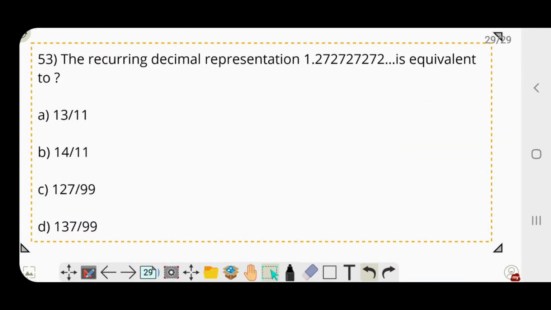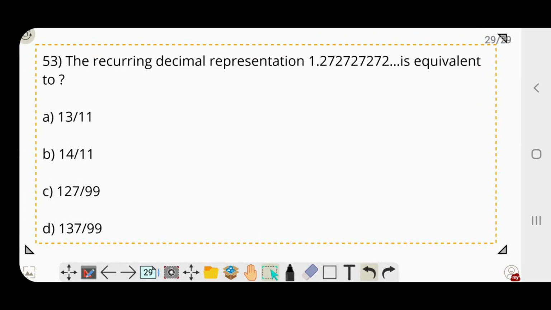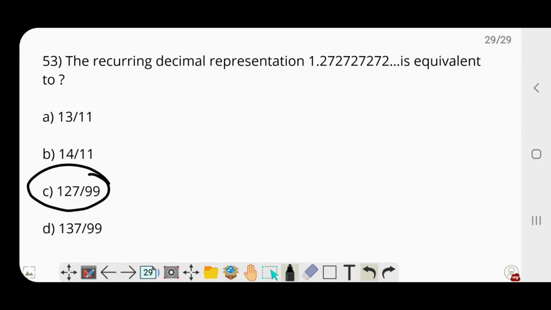The recurring decimal representation 1.27272727 and on is equivalent to: option A, 13 by 11, option B, 14 by 11, option C, 127 by 99, or option D, 137 by 99. We see that 1.27, 27 and so on is pretty close to option C, but that doesn't mean it's the right answer.